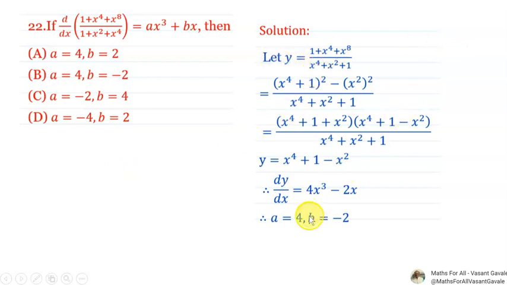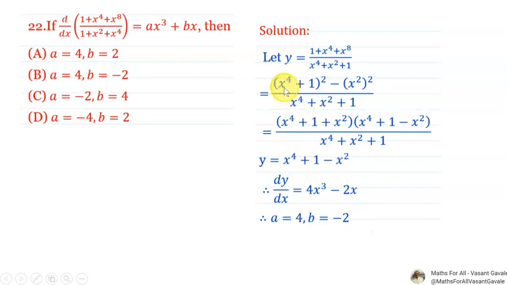Here y is equals to okay 1 plus x raised to 4 plus x raised to 8 can be written as आता कसं लिहिलंय (x raised to 4 plus 1) bracket square. तर याचा जर एक्सपान्शन केलं तर x raised to 8 मिळणार प्लस 1 स्क्वेअर मिळणार प्लस 2 टाइम्स x raised to 4. मग तो 2 टाइम्स x raised to 4 बॅलन्स करण्यासाठी इथे काय करणार मायनस x स्क्वेअर अँड ब्रॅकेट स्क्वेअर. डिनोमिनेटरला काय करणार x raised to 4 plus x square plus 1 तो as it is ठेवणार.